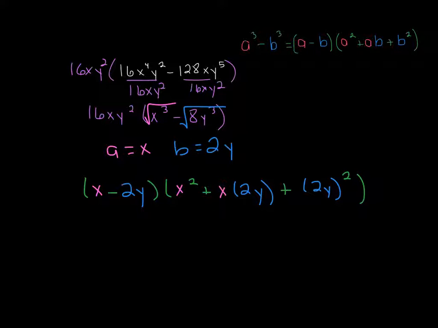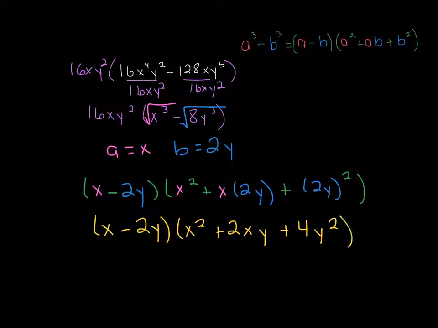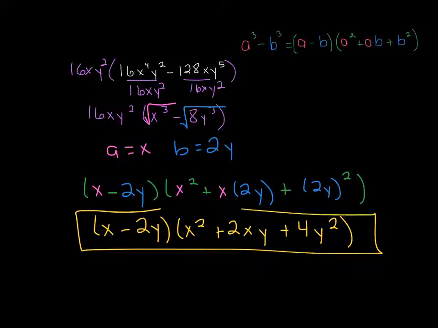Then we will go back and simplify. So you have x minus 2y, and then x squared plus 2xy plus 4y squared. And that is your factored form.